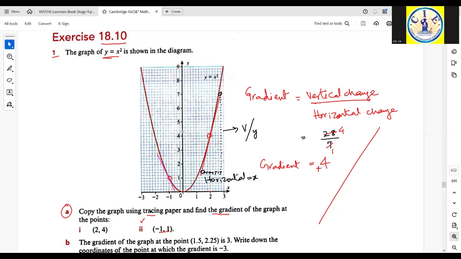Let it be something like this. Okay, now again we need to calculate the vertical change and the horizontal change.